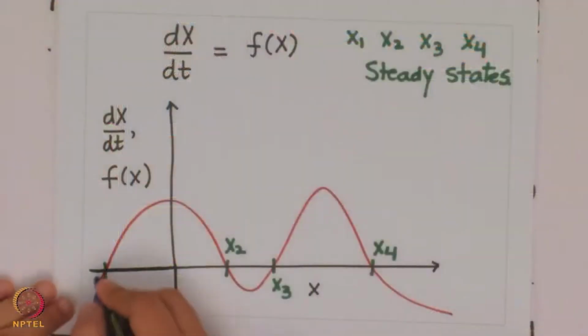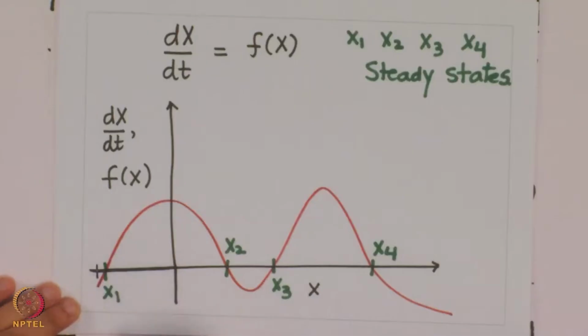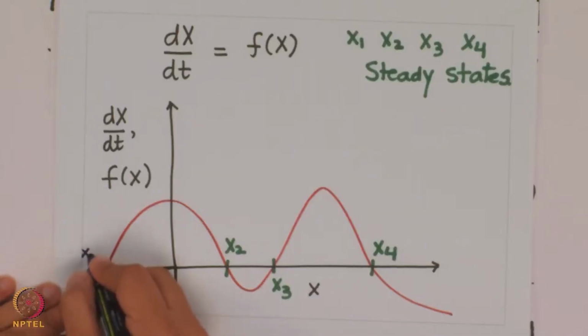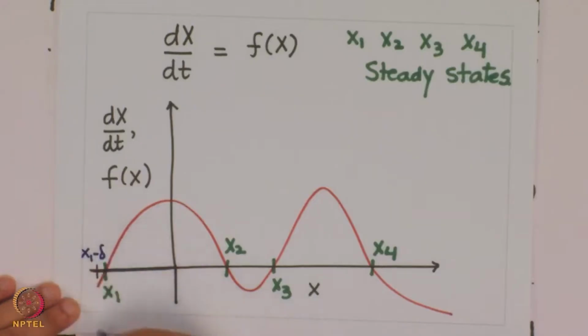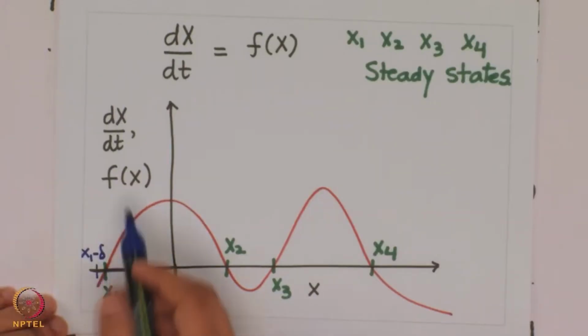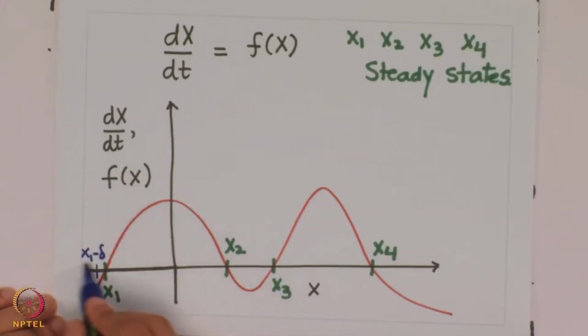So, let us start with x1. If we introduce a disturbance to the left, which means I am operating at x1 minus delta, where delta is the magnitude of the disturbance that I have introduced, I want to look at the sign of dx by dt at this value x1 minus delta. I can clearly see that at this value the sign of dx by dt is less than 0.